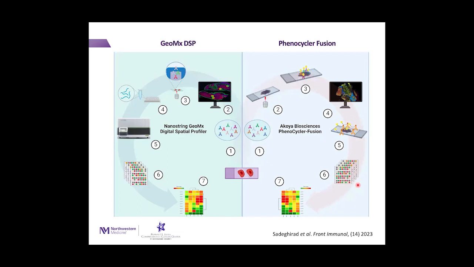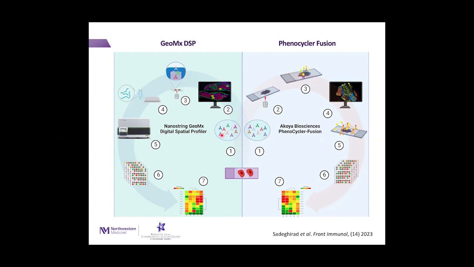So just to show you how these 2 platforms broadly work. On the left-hand side, you can see the GeoMx DSP platform. GeoMx DSP can do both RNA assays and protein assays, but in this paper, they used it to look at protein expression.